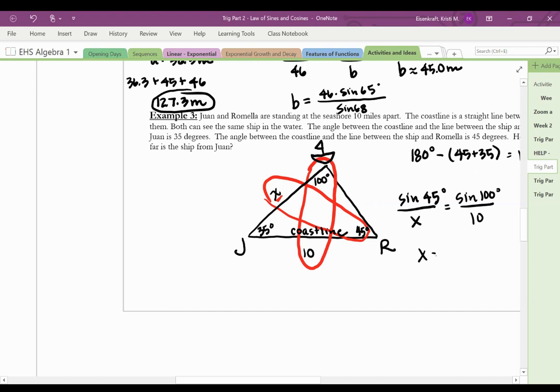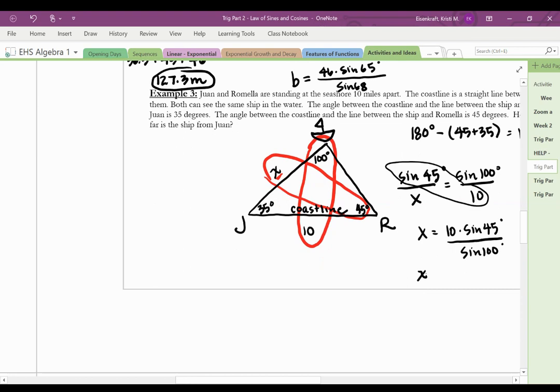So x is equal to this cross product, 10 times sine of 45 over sine of 100. 10 times sine of 45 divided by sine of 100. 7.18, so let's just say about 7.2 miles.